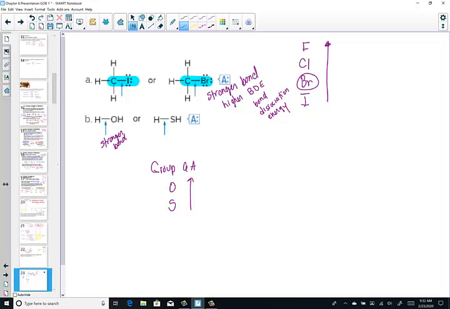Because oxygen is smaller, it's more electronegative. It has a tighter hold on those electrons. So it would have a higher bond dissociation energy, being that it's a smaller, more electronegative bond, it's a stronger bond.